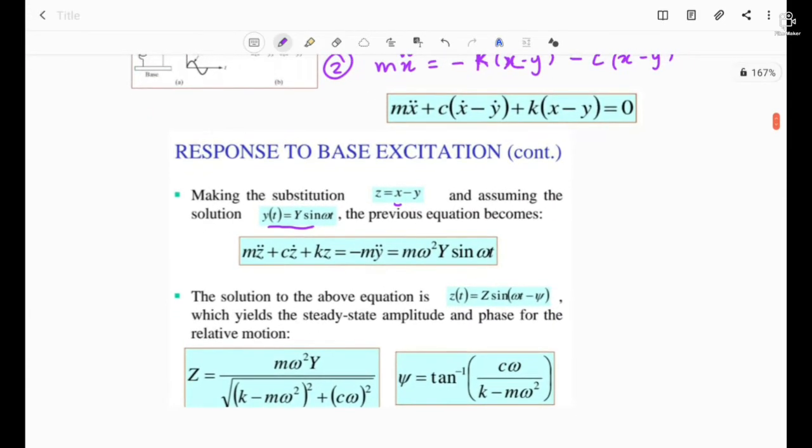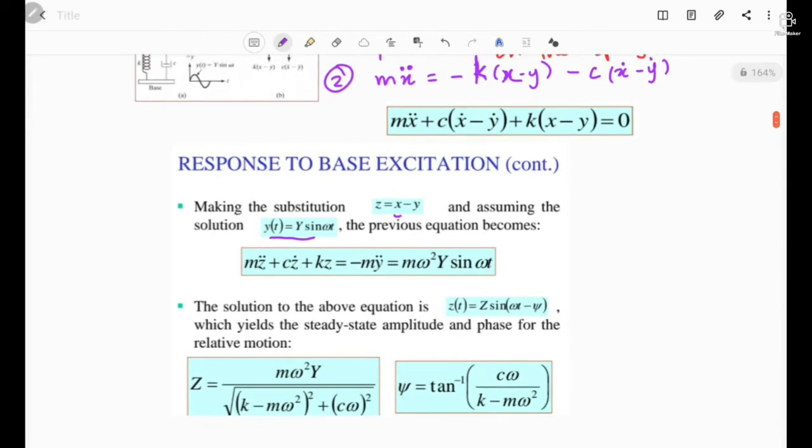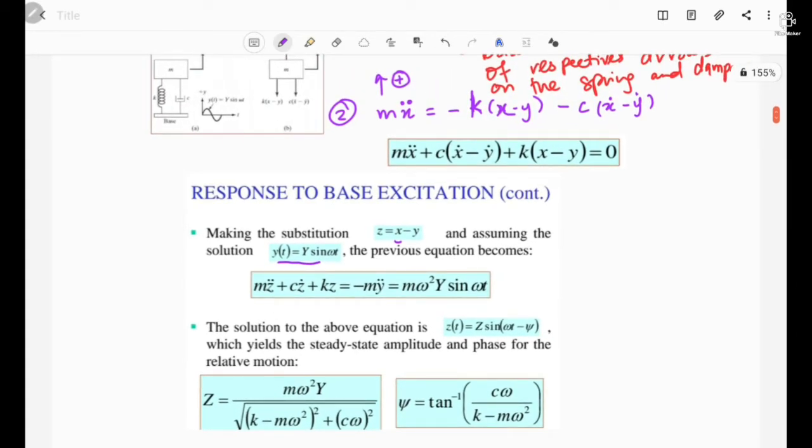Okay, then it becomes this equation, where you can rearrange because all your mx double dot will become mz, because here your x is equal to z plus y. So when it is x double dot, then it is equal to z double dot plus y double dot.